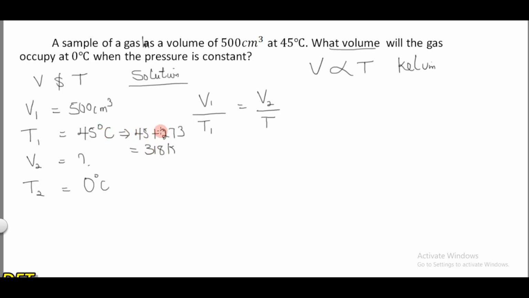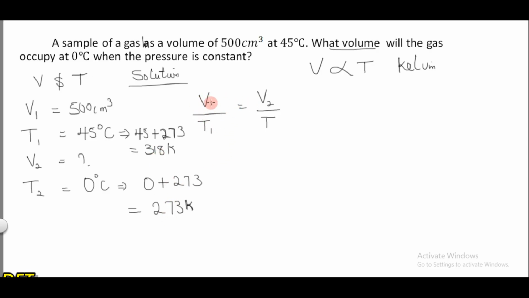You just add 273. For this T2, we have 0 degrees Celsius from the question. When we convert that to Kelvin, that will be 0 plus 273, which gives us 273 Kelvin. So this is our temperature.